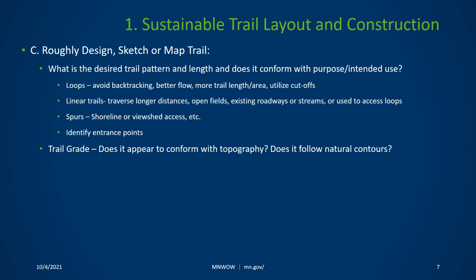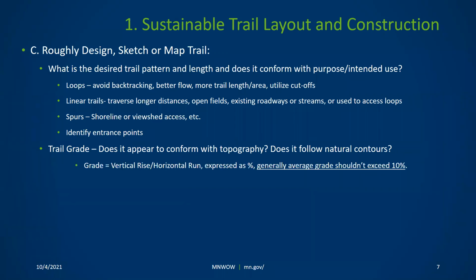All they are is an unimpeded funnel for water. And with that comes a lot of erosion, a lot of surface material loss, and impacts to things like water resources. So, when I say, does it conform with topography, that more or less means, does it attempt to follow the natural contours of the landscape and not go perpendicular, straight up and down the slope.